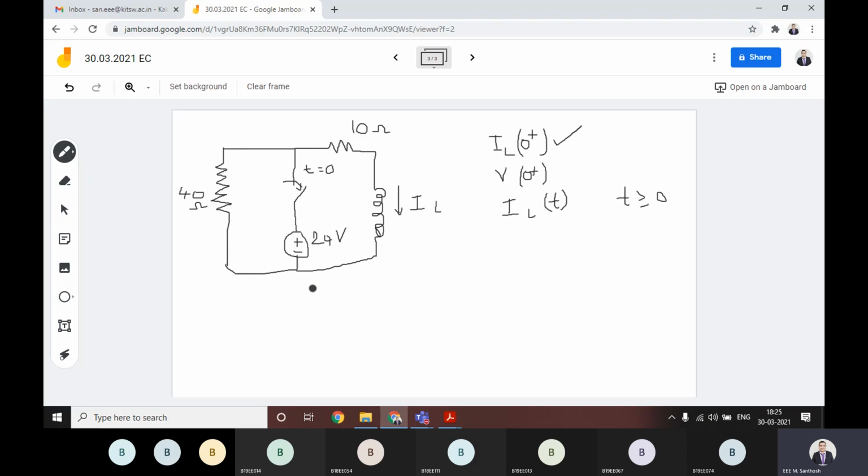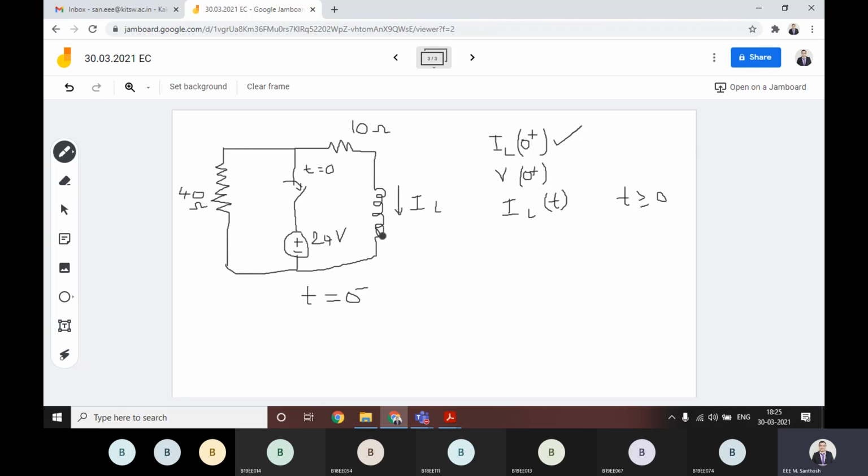You are solving there. Then simply how he calculated is at 0 minus, this is a source free circuit we are talking, right? That source free circuit will become whenever this switch is connected. When you are switching on, this is short circuited, but before switching, this inductor will become short circuit.